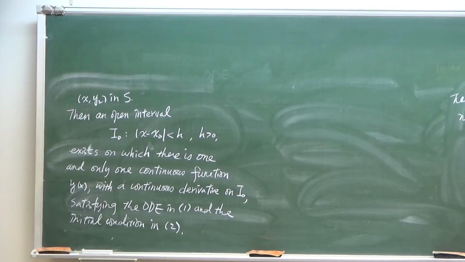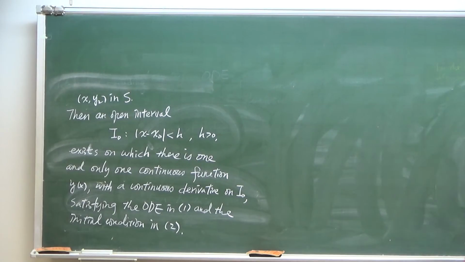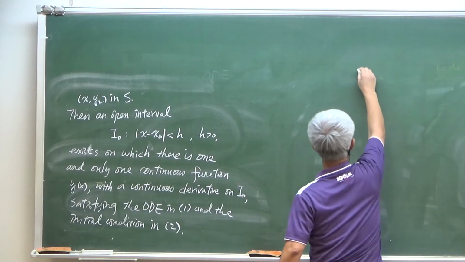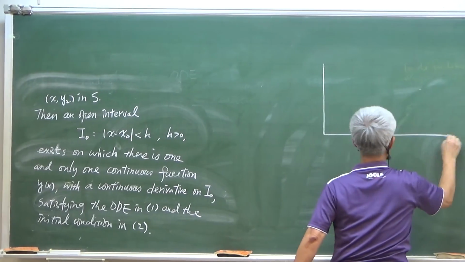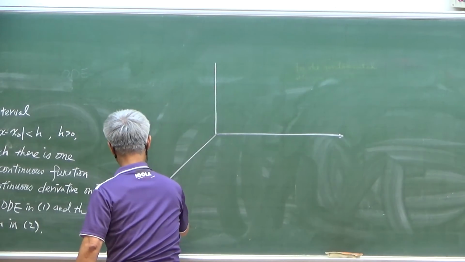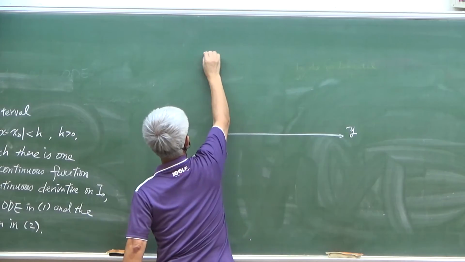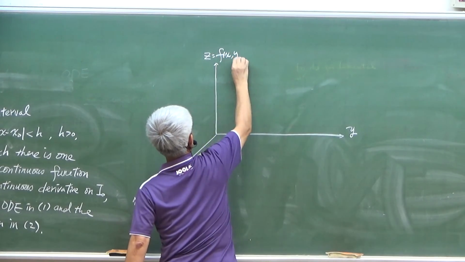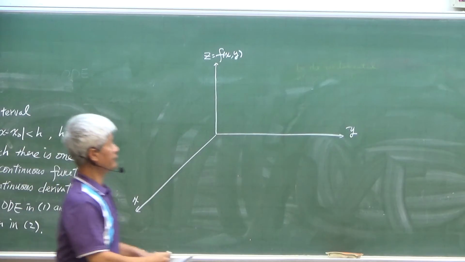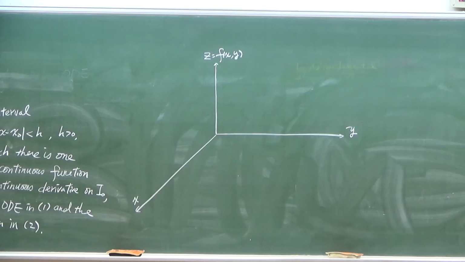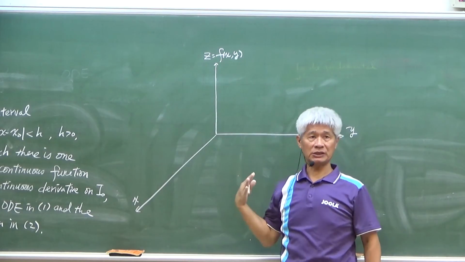So let me draw a picture to illustrate the situation. Because f(x, y) is a function of x and y, we have to draw a three-dimensional picture.